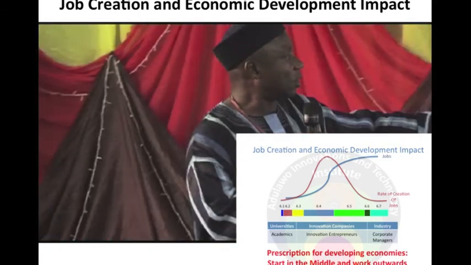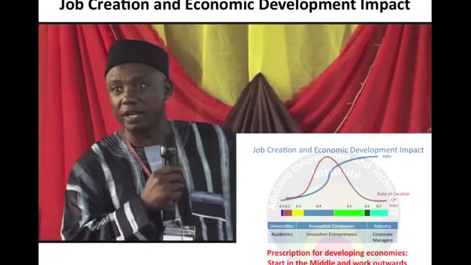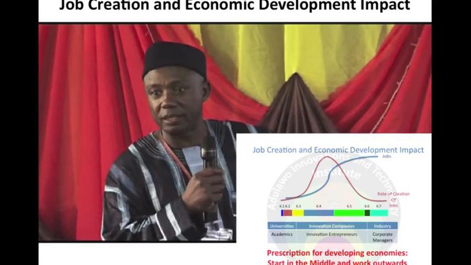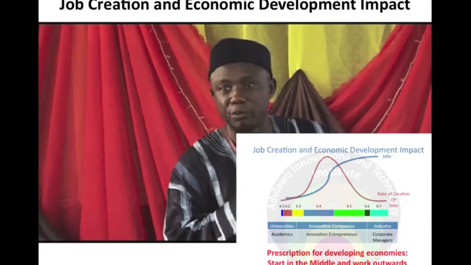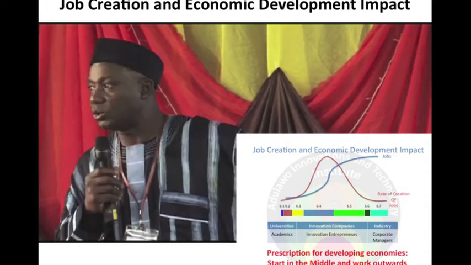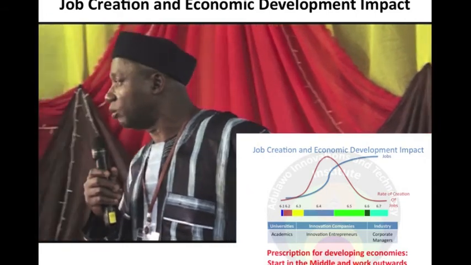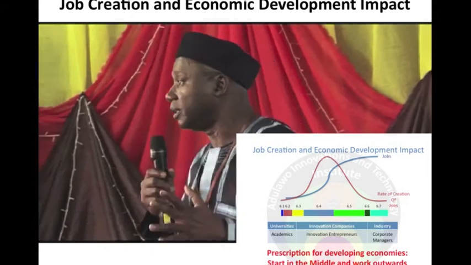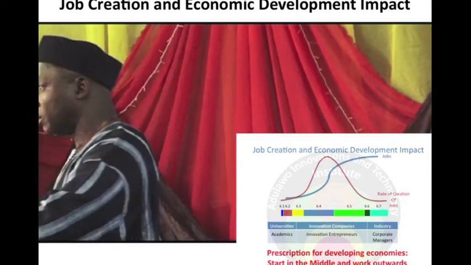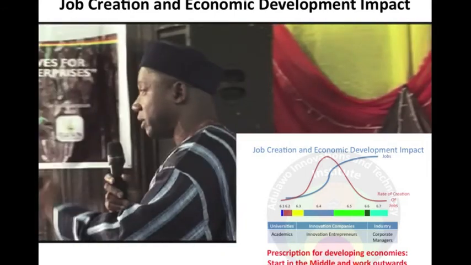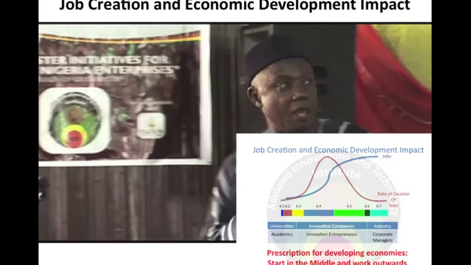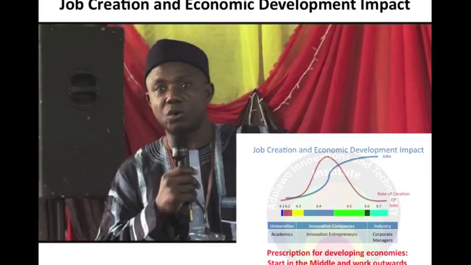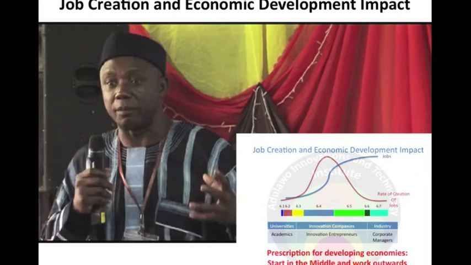So I look at the categories of entities that tend to populate each end. The left end tends to be populated by universities, where you're doing a lot of basic research and a little bit of applied research. The far end on the right is established industries, where products and services have matured into markets, and you have specific branded products that people are selling. But in between is what is generally considered to be innovation companies.